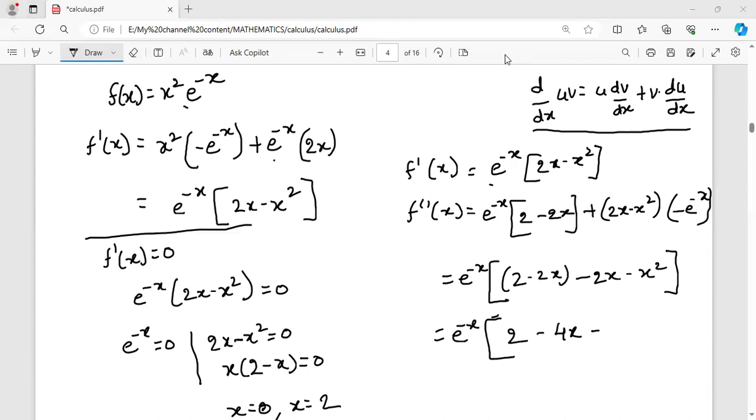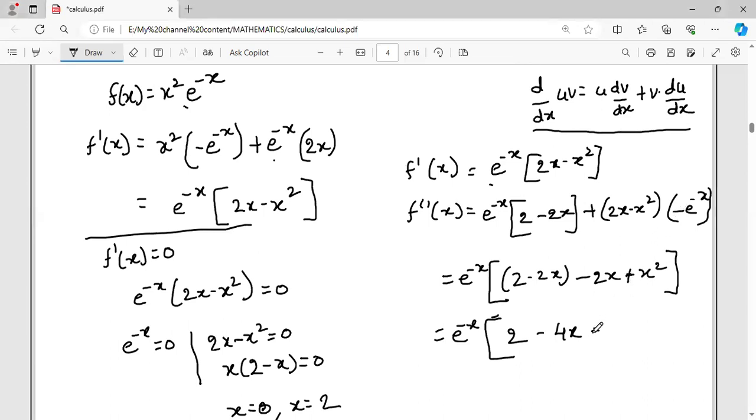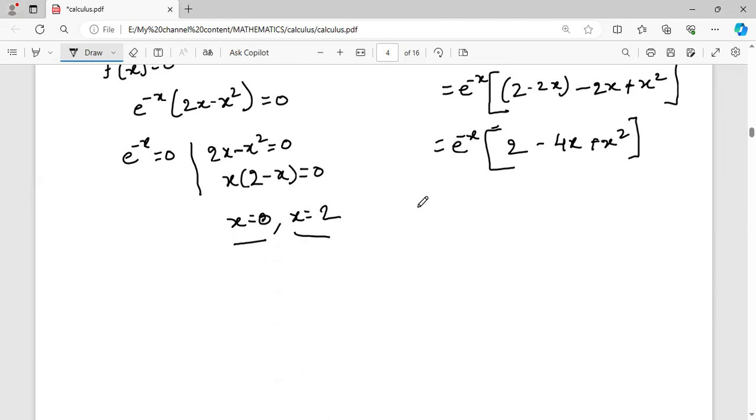By the simplification we get, multiply this minus, so we get plus x square. So e power minus x, it can be written as x square minus 4x plus 2.